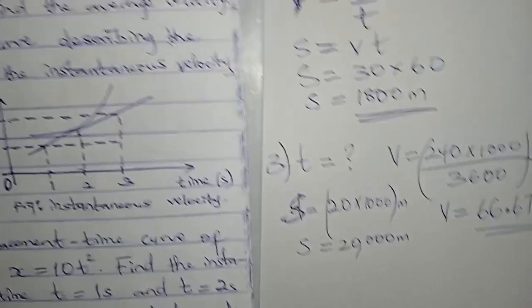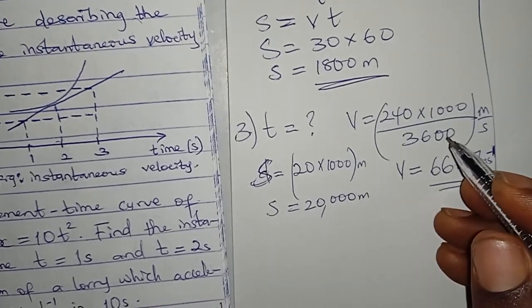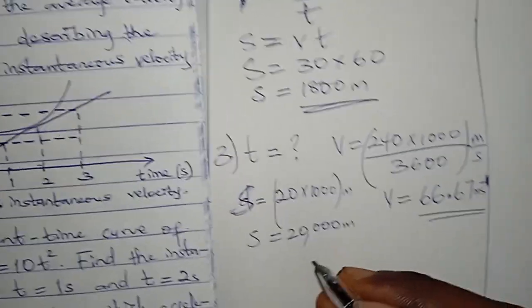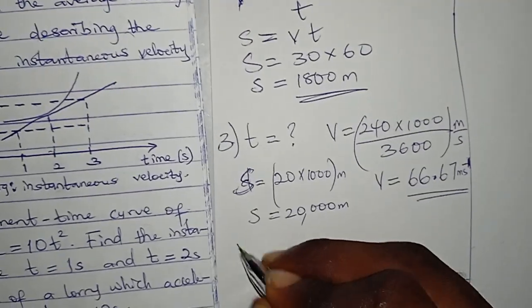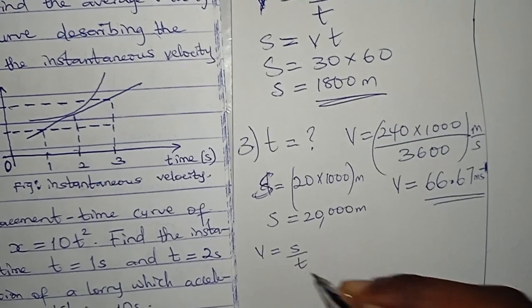So they are asking for how long it would take a car to cover this. They are asking for time. Remember that V equals S over T, displacement over time.